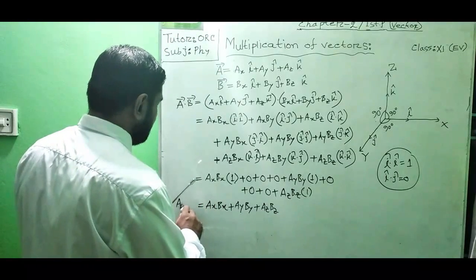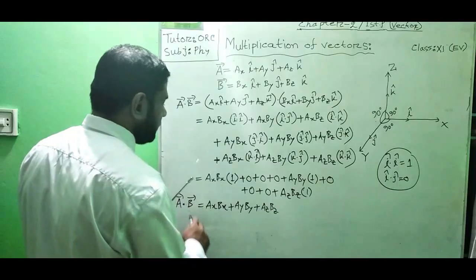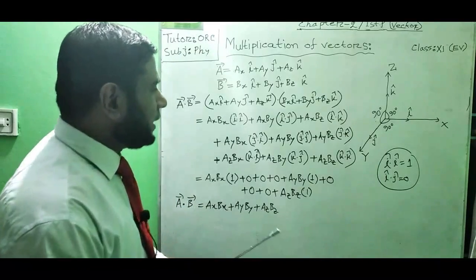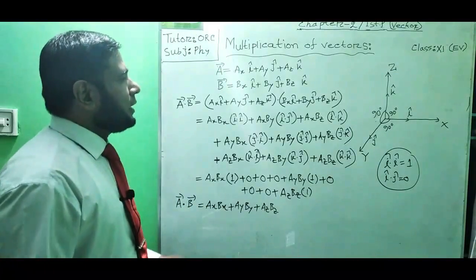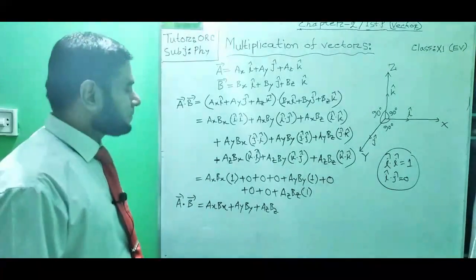So finally we have got this value of the scalar product between two three-dimensional vectors.